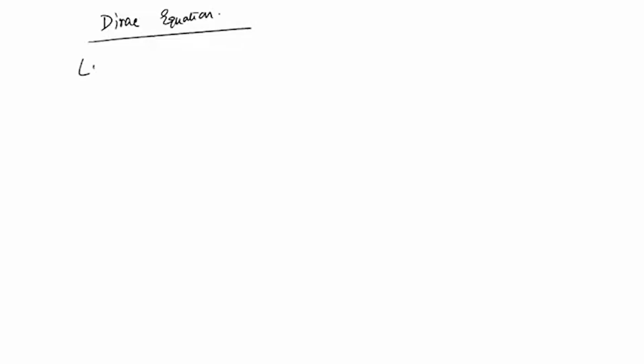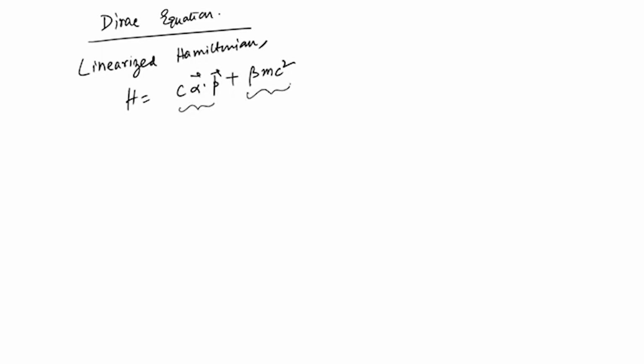In fact, as I said earlier, he downgraded the space derivative from a double derivative to a single derivative. So, the linearized Hamiltonian looks like H is equal to c alpha dot p plus beta m c square. This is the kinetic energy, and this is the rest mass energy.